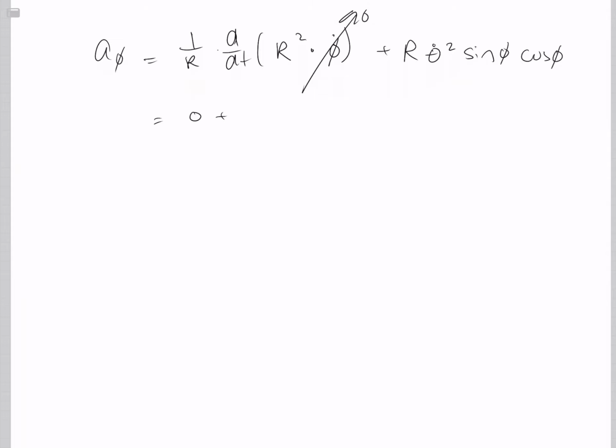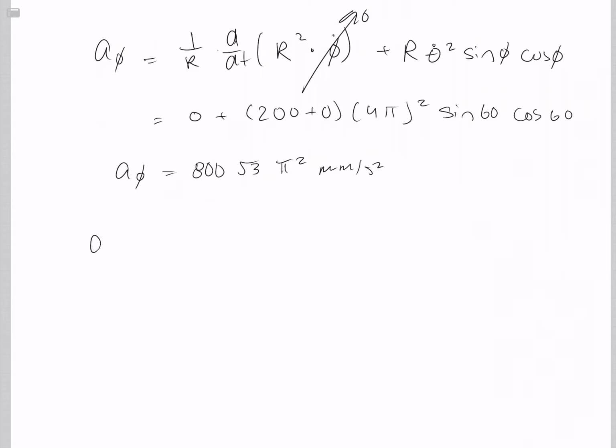And simplifying that as well as plugging in the values, 4 pi squared sine of 60 and cosine of 60, all of that simplified down equals 800 times the square root of 3 pi squared millimeters per second squared.